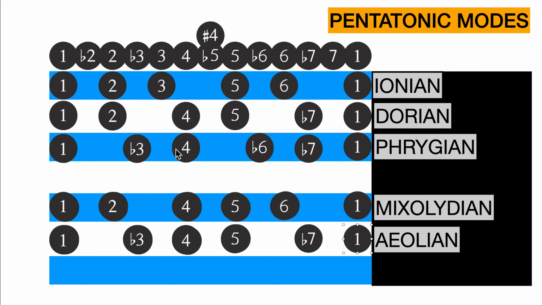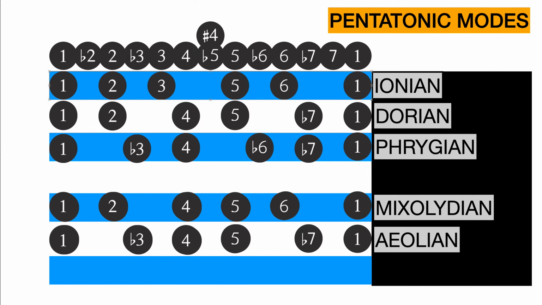So we see here the prevalence of the fourth over every note except for the root mode, and we see the fifth over every note with the exception of this third mode.